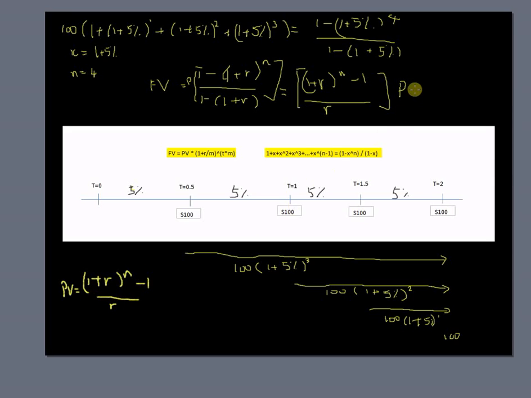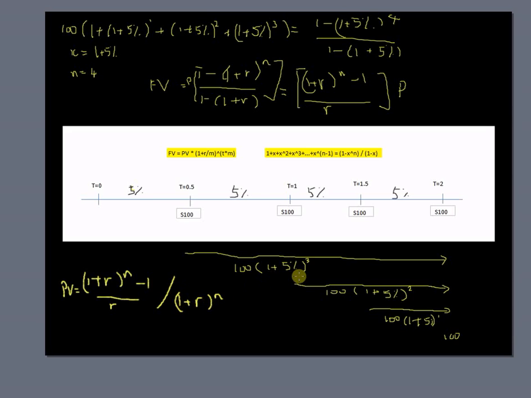I'll ignore this P for now. So how to discount this to the present value? Simply divide by this whole expression, divide by 1 plus r to the power of n.